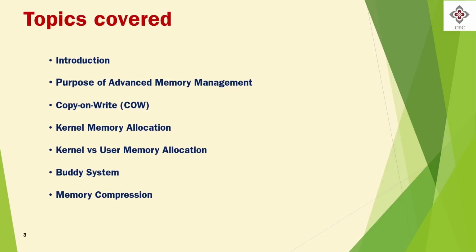We are going to cover the need for advanced memory management systems. We use techniques like copy on write, kernel memory allocation, how kernel and user memory allocation are compared, how buddy systems are used for allocating memory, and how memory compression techniques are used in modern day operating systems.